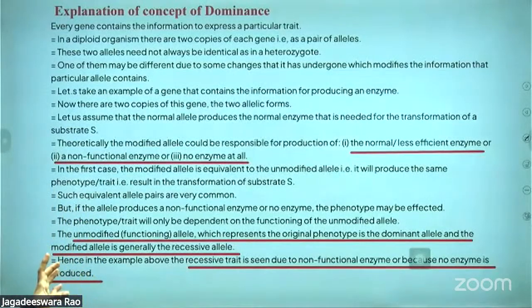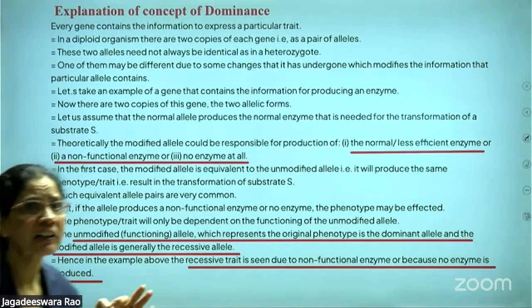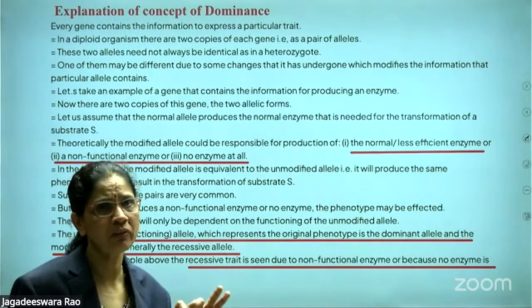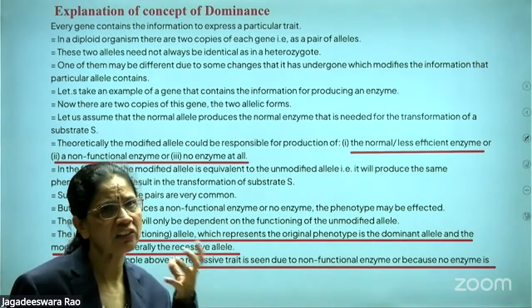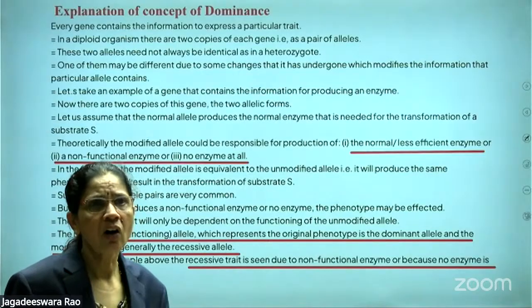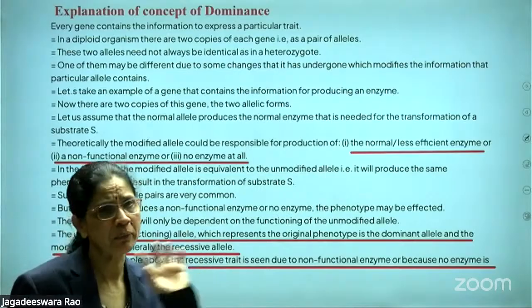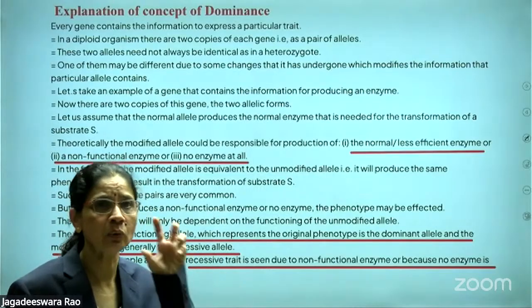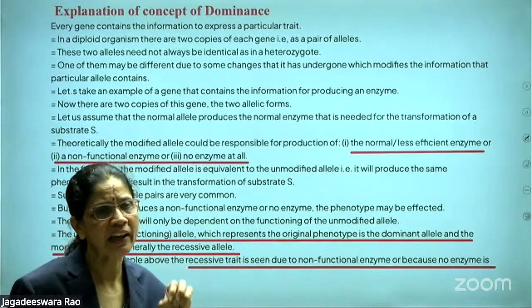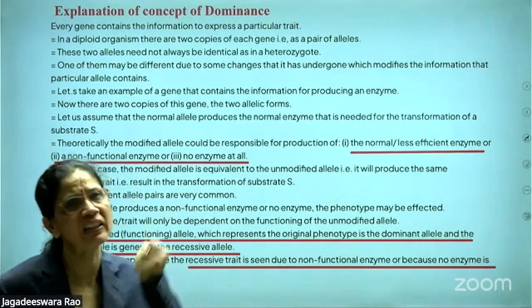Okay, now next we are discussing how dominance can be explained. You know very well the genes are responsible for the synthesis of proteins. Those proteins are the enzymes responsible for the chemical reactions taking place in our body, or they can be responsible for a set of chemical reactions that lead to the expression of certain characters in our body. For example, our skin color.